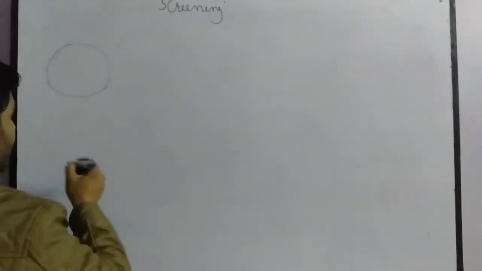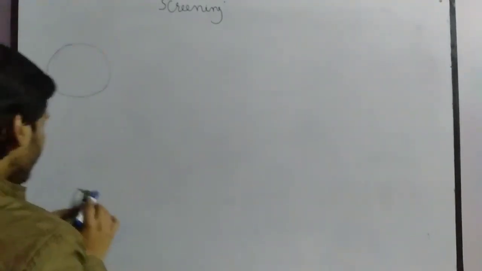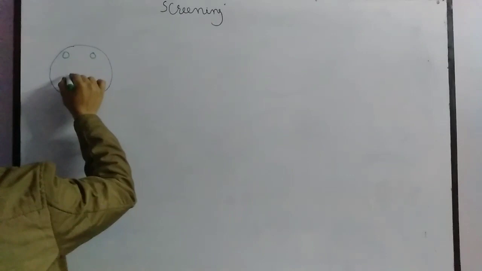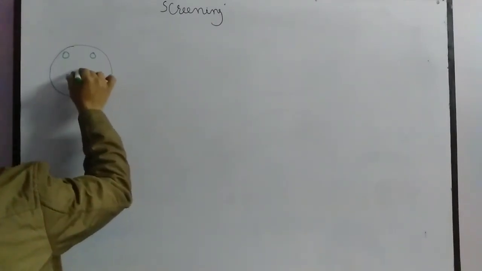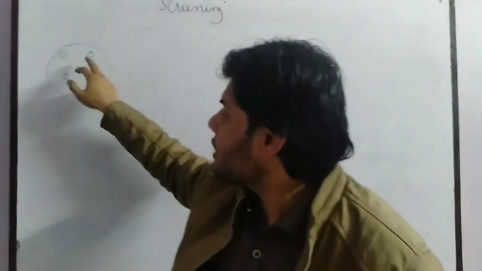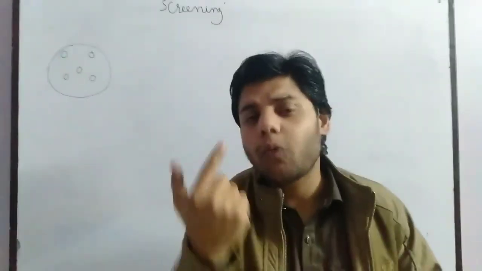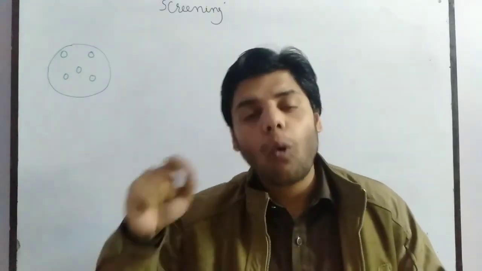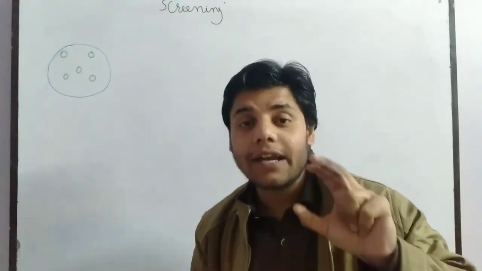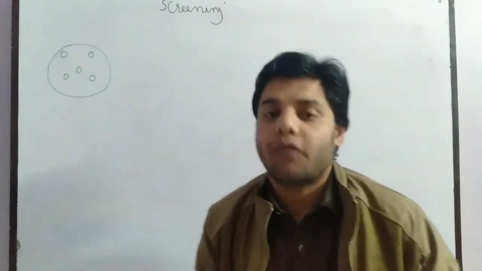Now inside this petri plate we have different kinds of colonies. This is the first colony, second colony, third colony, fourth and fifth. Let's suppose there will be one colony which has bacterial cells that carry the target DNA having our gene of interest.